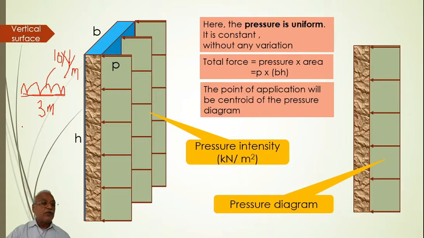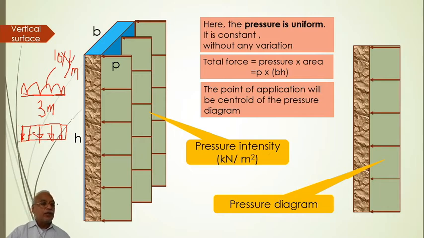The same loading is generally shown as a rectangular load, like that. So everywhere the intensity of the loading is the same, 10 newton per meter length. When it is 10 newton per meter length and it is acting for 3 meters, obviously 30 newtons would be the load.